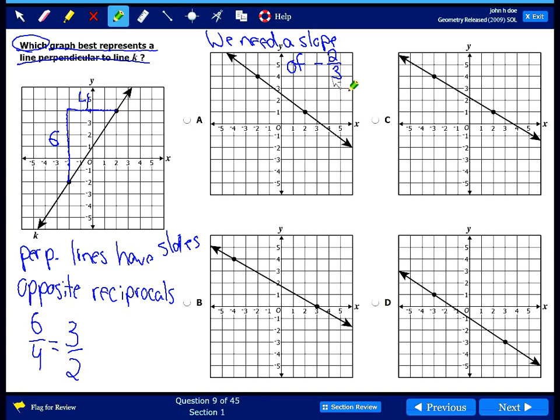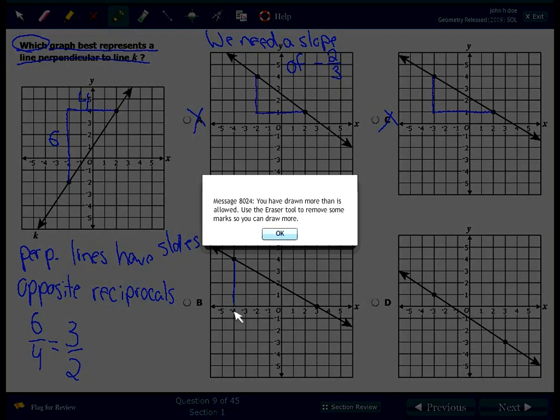It was positive before, now it has to be negative. So let's take a look at A. We go down 1, 2, 3, 1, 2, 3, 4. A doesn't work. We go down 1, 2, 3, 1, 2, 3, 4, 5. C doesn't work. For this one, we go down 1, 2, 3, 4.